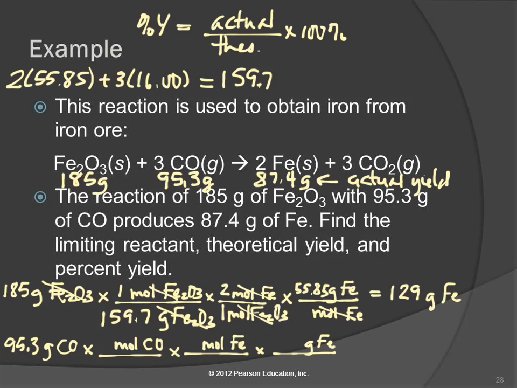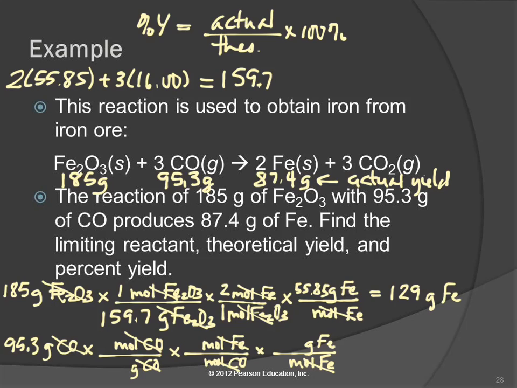We fix our units up. And moles of CO down there, and moles of Fe down here. So those cancel, and these cancel and those cancel. The middle one, what's in front of Fe?